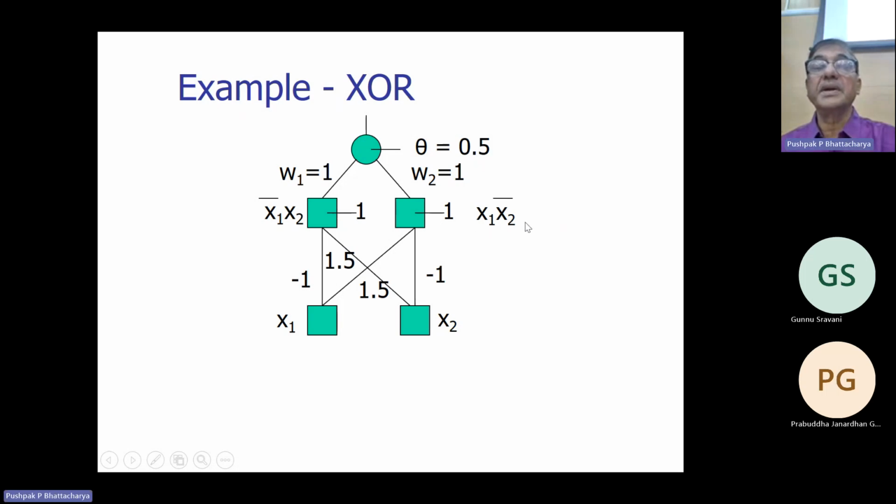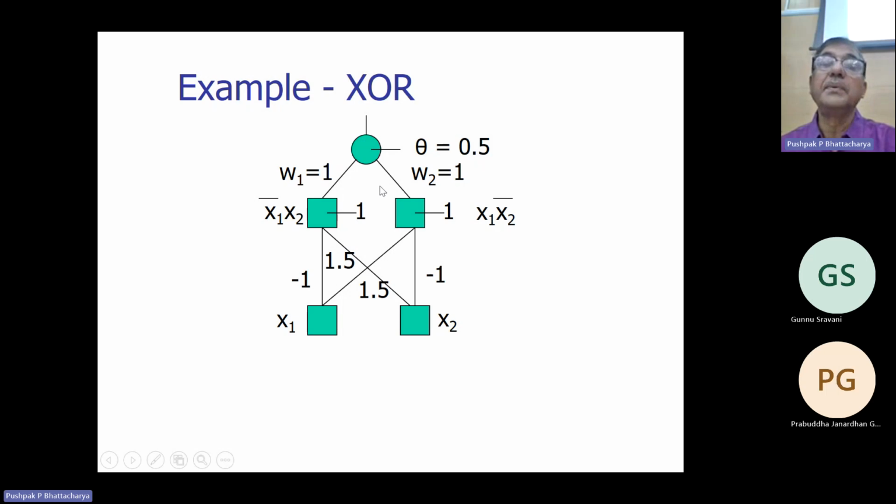You compute x1 x2 bar in one of the hidden layer neurons, x1 bar x2 in the other hidden layer neuron, and OR in the outermost neuron. You can also compute x1 OR x2 in one of the hidden layer neurons and x1 x2 bar, which is NAND of x1 and x2, in the other hidden layer neuron, and compute AND in the outermost neuron.